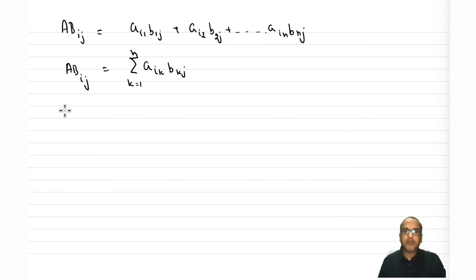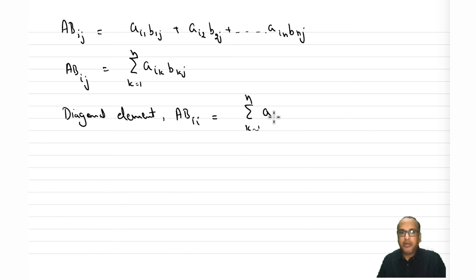Now, because we are interested in determining the trace, and for the trace we need to have the diagonal elements, how to write the diagonal element? Diagonal element will be where indices I and J will be the same. So basically we can write ABII, which will be equal to summation K goes from 1 to N of AIK and BKI, right?